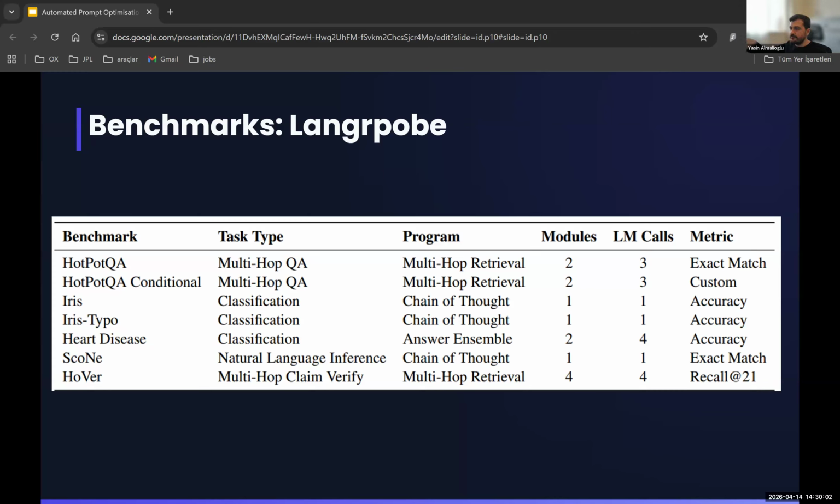That's the first thing you see in this benchmark. I'm not going to iterate them one by one. The HoVer data set is a different one. In this case, the LLM needs to verify claims that require a few wiki documents. Still, similar to multi-hop, but it needs to first verify a couple of claims.